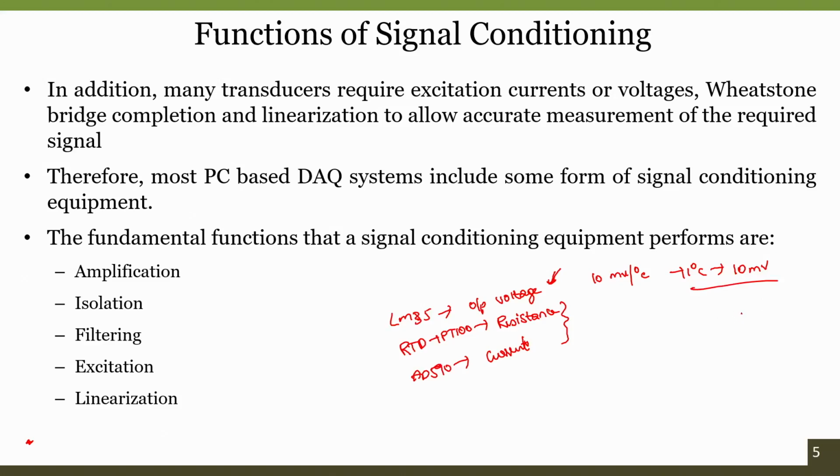Or given another situation where you always have an offset, for example say the output voltage of the sensor will be between 1 volt to 3 volt, and the span of your ADC is somewhere around 0 volt to 2 volt. So when I directly interface the range of the sensor to the ADC, this is the ADC span, whereas this is the output voltage span of the sensor.